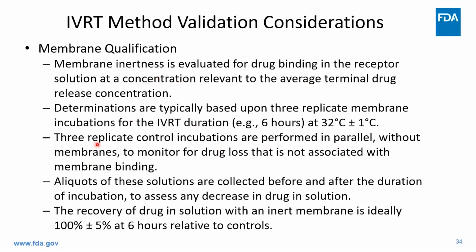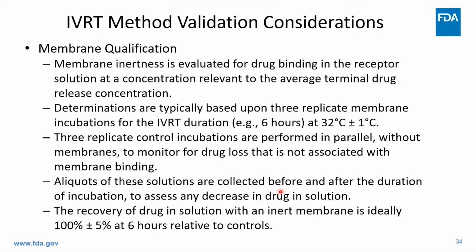So you want to have the incubation also in triplicate, but this time you didn't put a membrane in there, because at the end of the 6 hours, you may not be getting 100% recovery, not because it bound to the membrane, but because you may have some kind of a stability issue. And so you want to be able to monitor for drug loss that is not associated with membrane binding, and then compare what's happening in your membrane incubations to that endpoint.